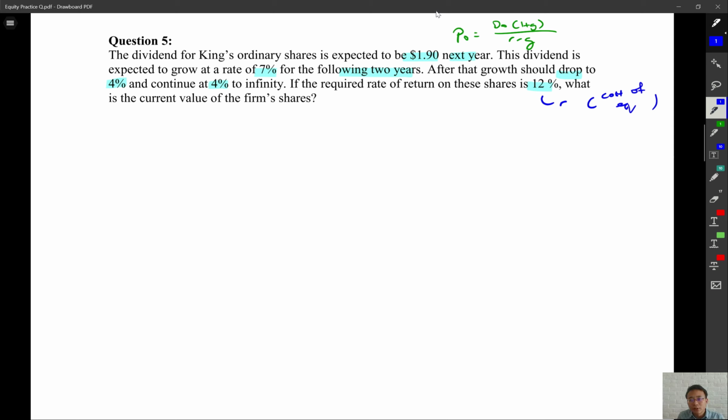Before you activate this formula, it's a bit like a superhero. You can't just activate him whenever you wish.